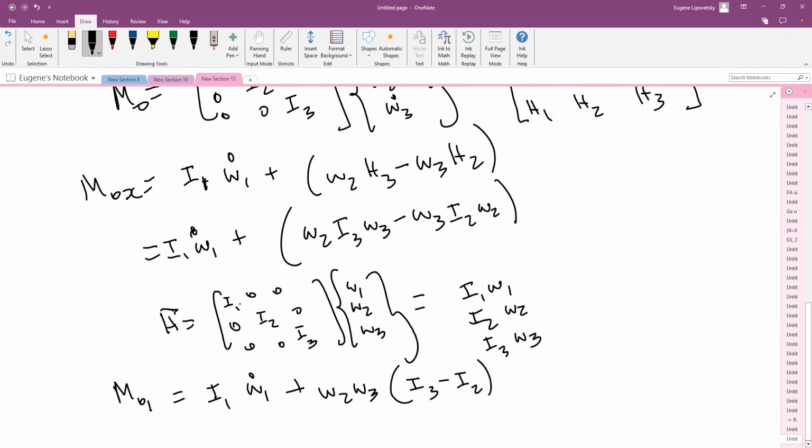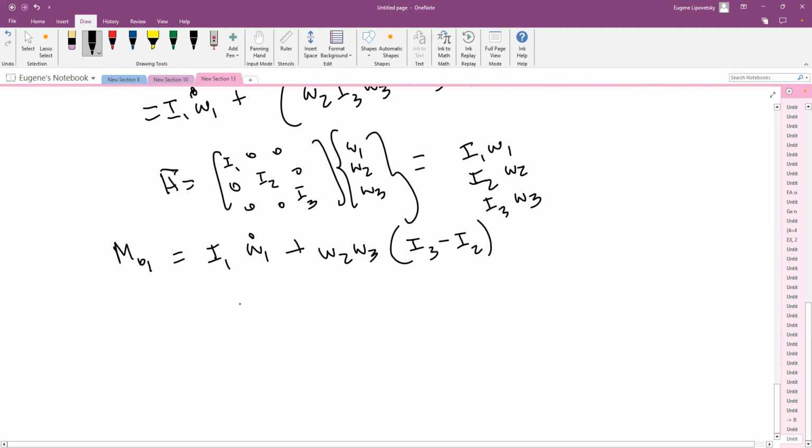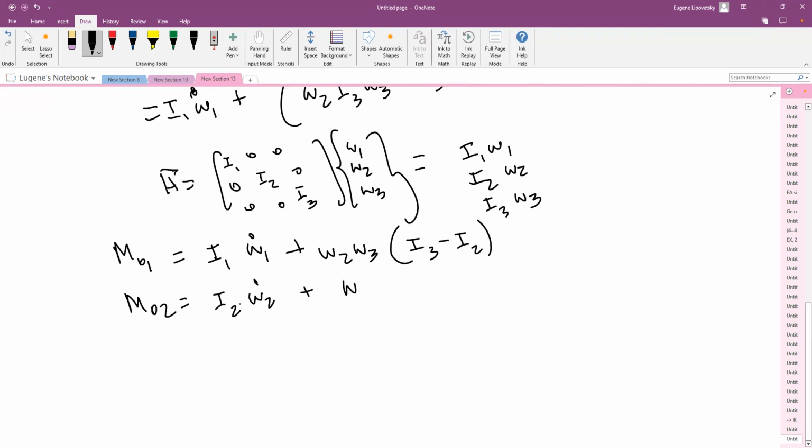And then by circular transposition, we have M_O2 equals I2 omega 2 dot plus omega 1 omega 3 times I1 minus I3.